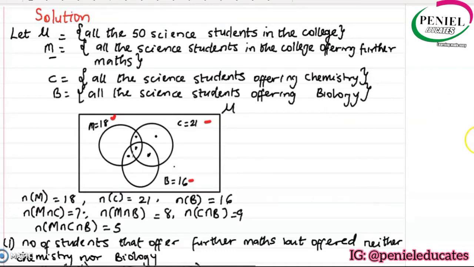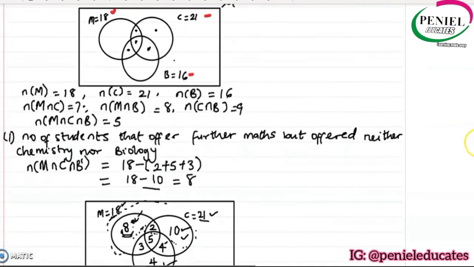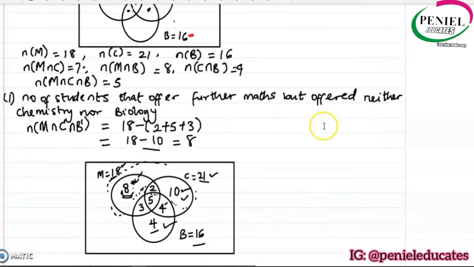Okay, so if we look at the solution for number 1, we have to find the number of students that offered further mathematics, but neither chemistry nor biology.